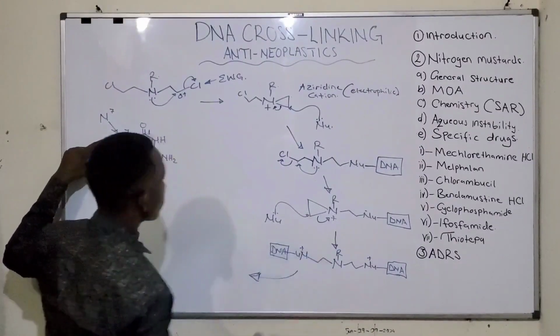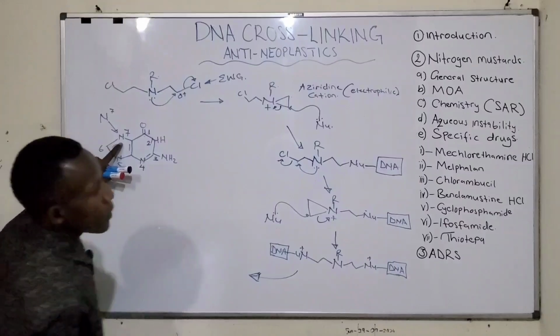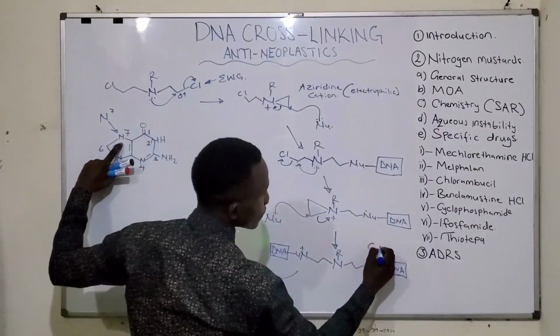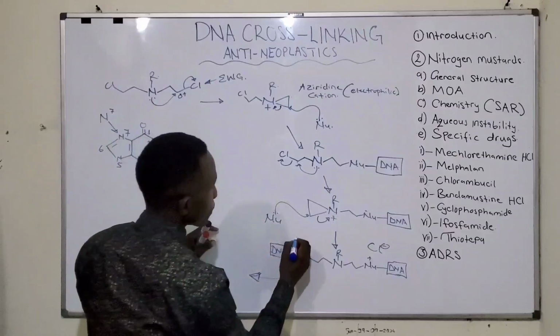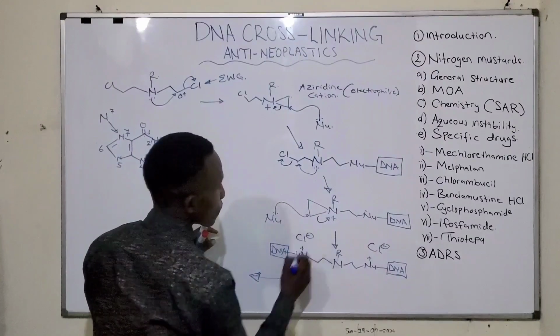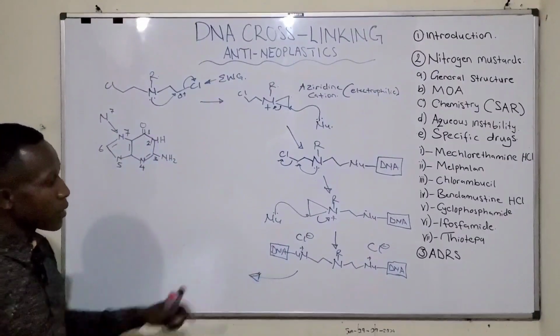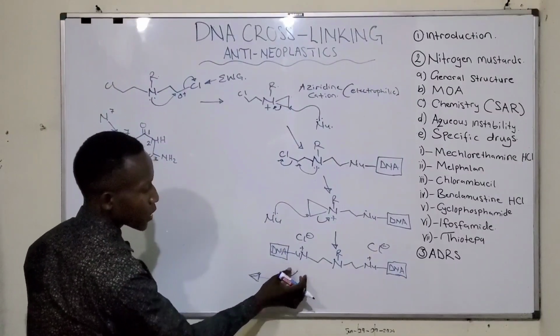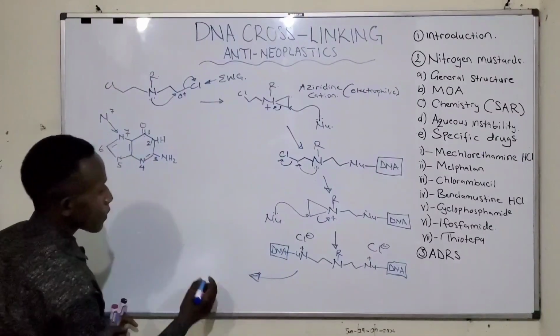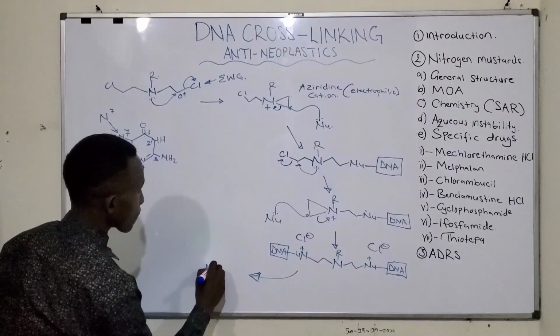Even this one will be plus, this N will be plus. And we have the chloride, this chloride which has gone. So when the DNA is liberated from the covalent bond, we shall have this.